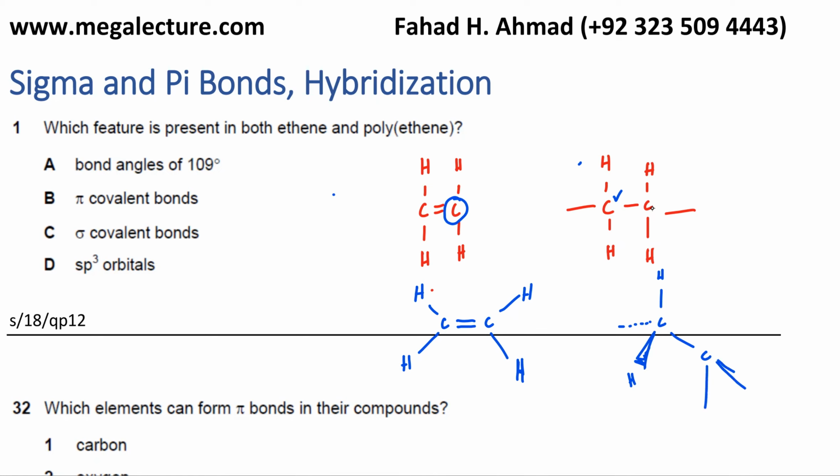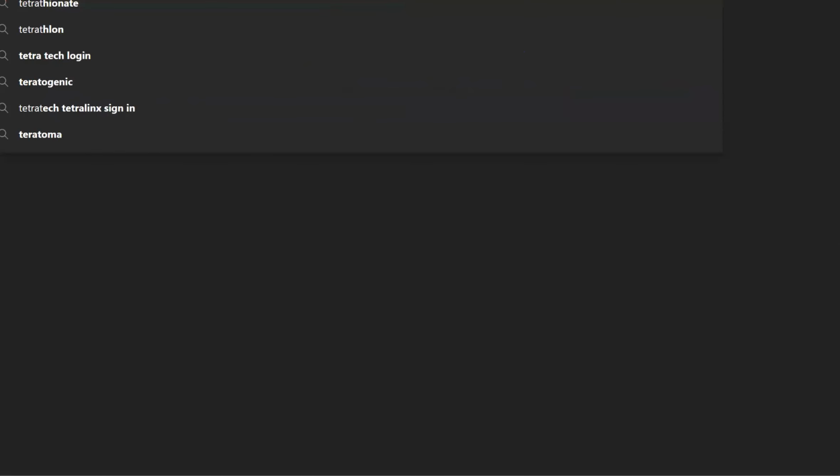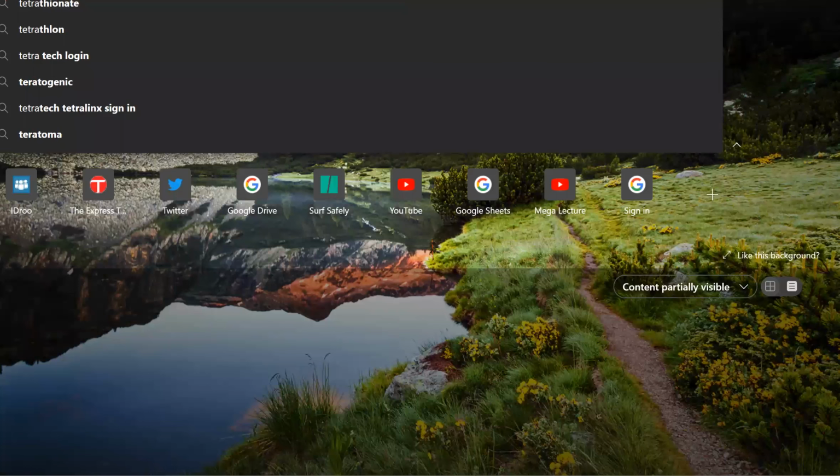It's going to be 1 bond coming towards you, 1 going into the page. So it's also bonded to 2 H atoms. So this would be tetrahedral, and both of them would be tetrahedral. So it's probably going to look like this in 3-dimensional.